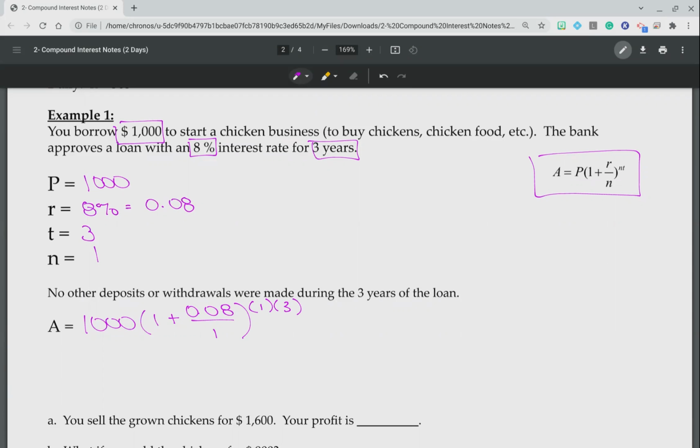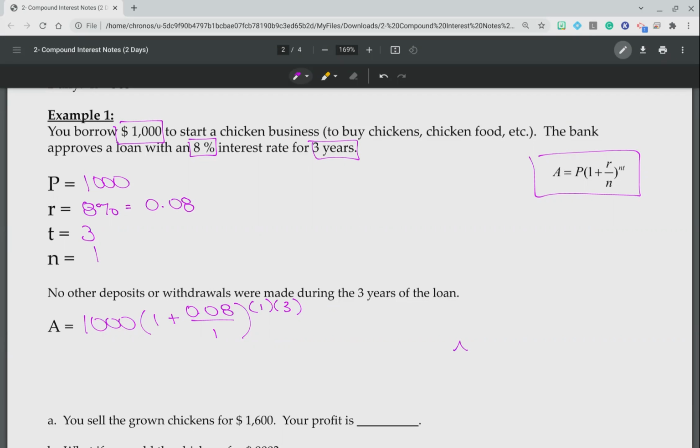I'm going to type 1,000 parenthesis 1 plus, and then remember I can hit alpha, y equals, enter to get a fraction, and I can type 0.08 over 1, and then our exponent key in our calculator looks like this.